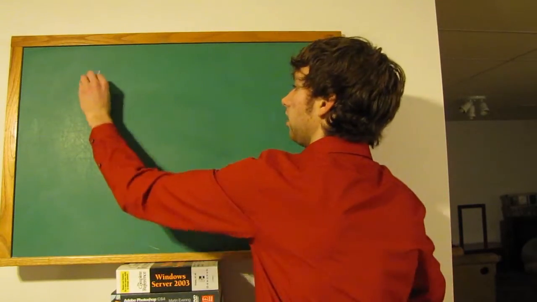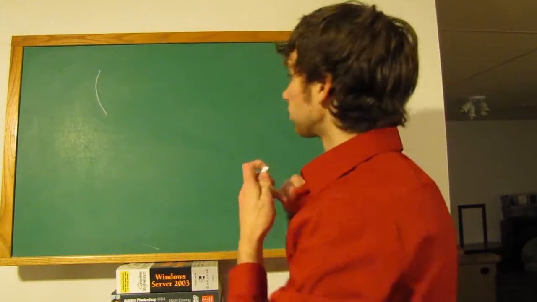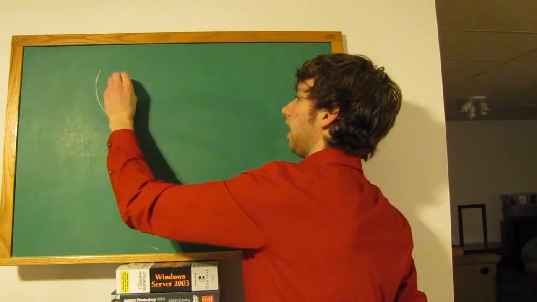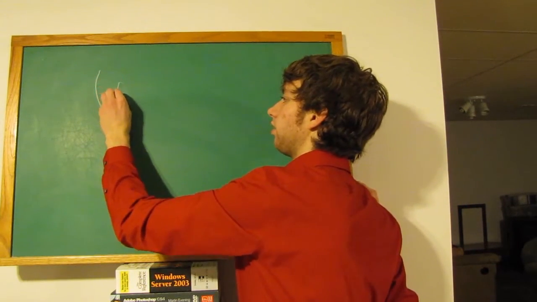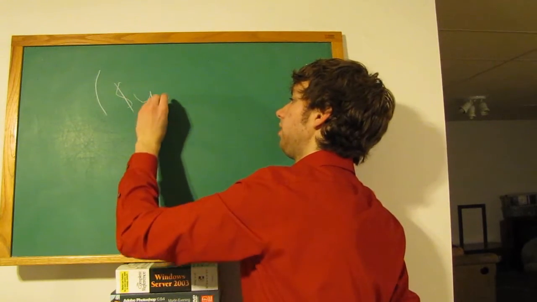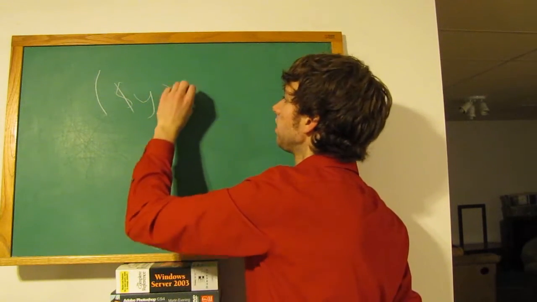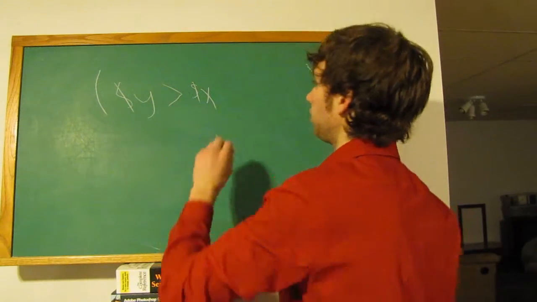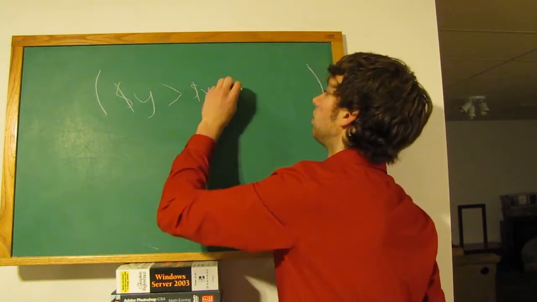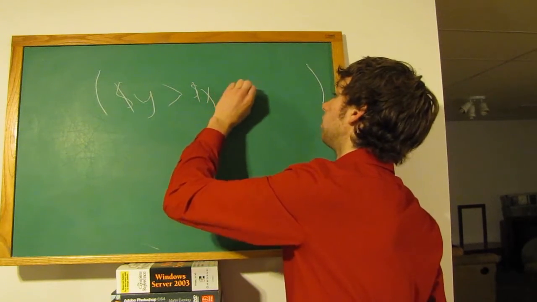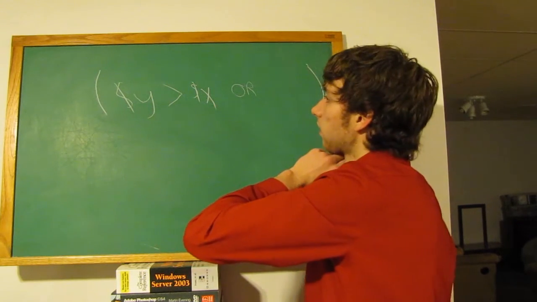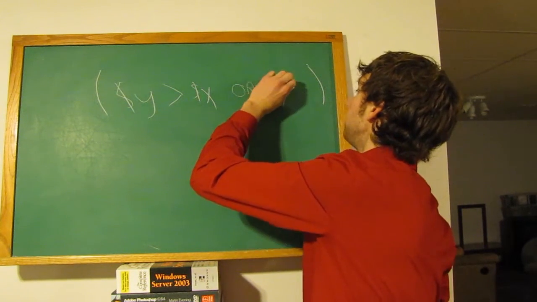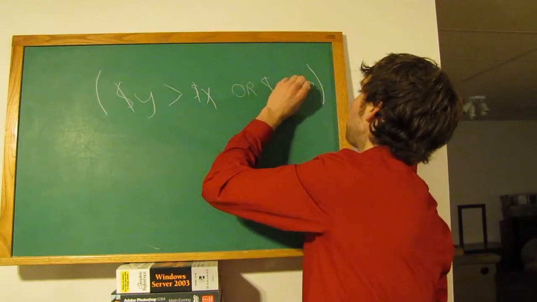There is also or, which is very similar. We could have if the variable y is greater than the variable x. I'm just giving stupid examples, I know they're crappy, but whatever. Or y is equal to 3.